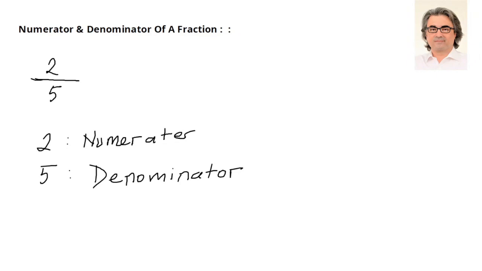Whereas the denominator defines the total number of equal parts in a whole. Now let's try to understand on this fraction 2 over 5 the meaning of numerator and denominator. I should have a whole. If I have a fraction, I should have a whole.